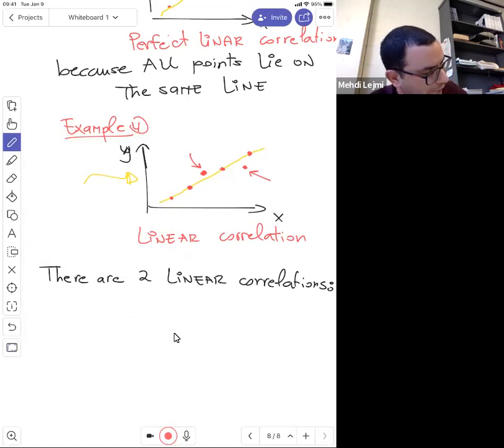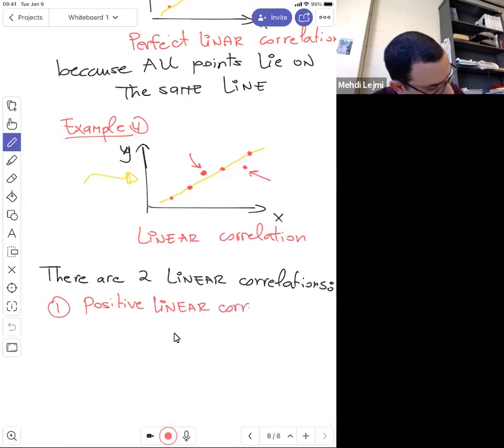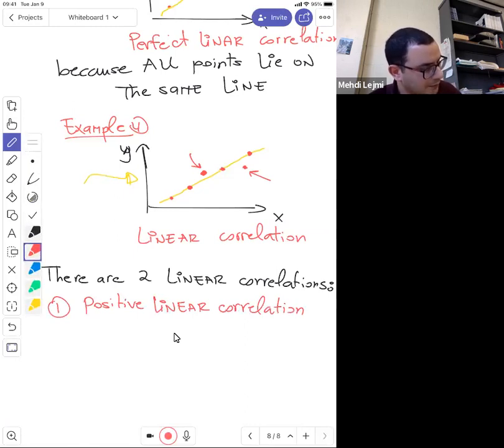First we have the positive linear correlation, which is when your line goes up.